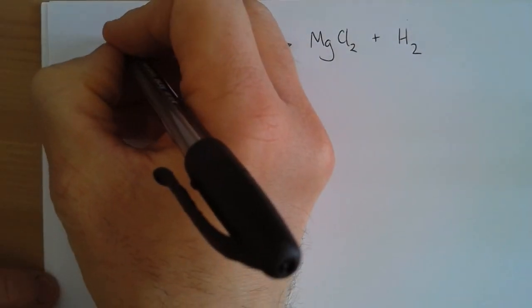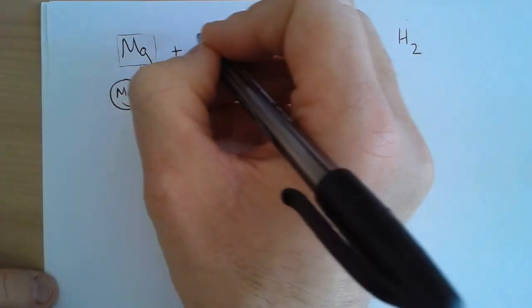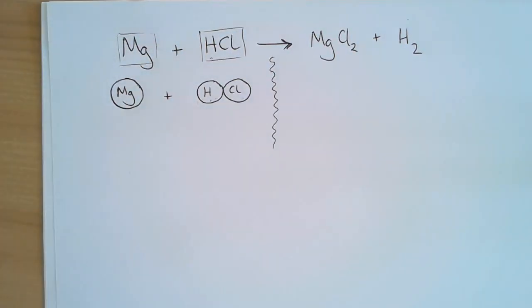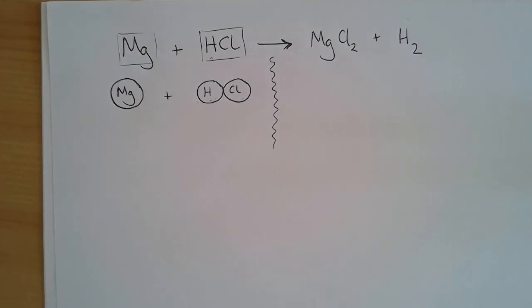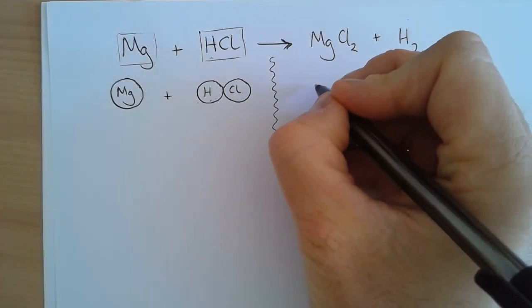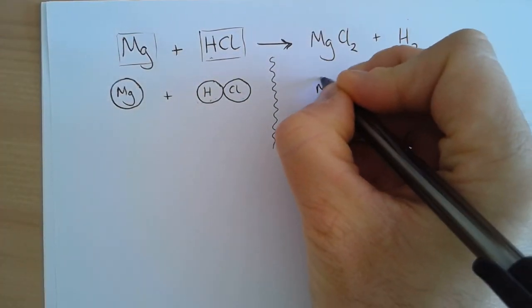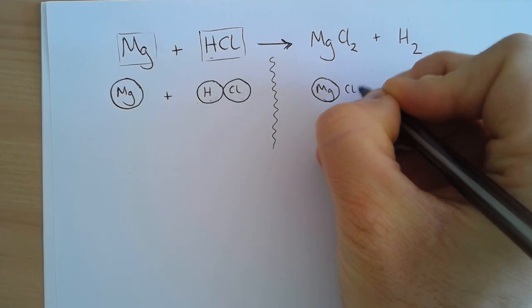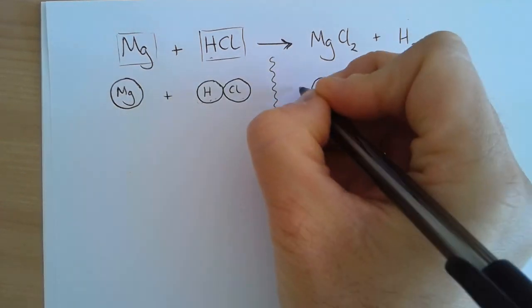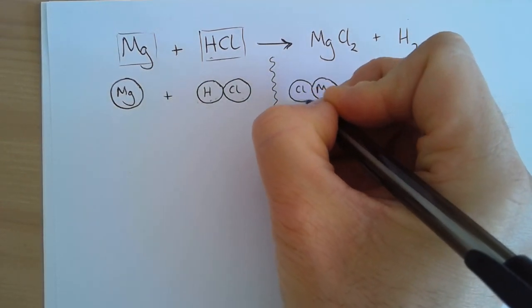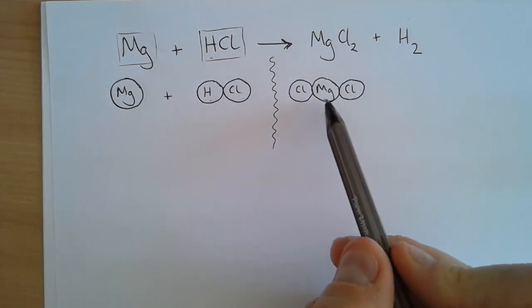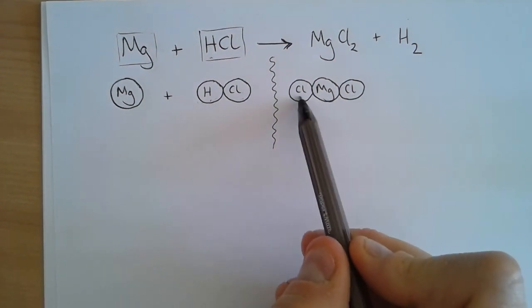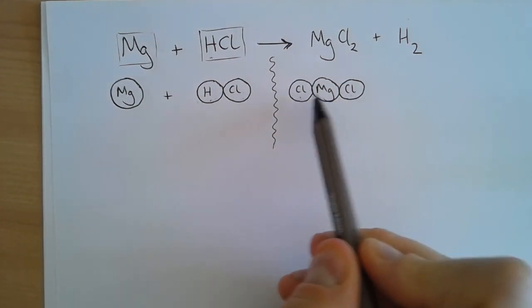Sometimes it's worth also drawing boxes around the individual components in our equation because it might help us when we're coming to balance it. So let's have a look at this side. Well, magnesium chloride is made up of a magnesium ion. Don't worry about the difference between an atom and an ion for now, just being clear, and two chloride ions, which I'm going to draw as magnesium stuck to a chloride ion there and a chloride ion there.